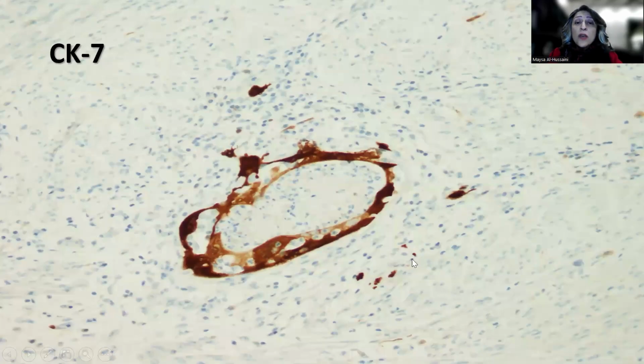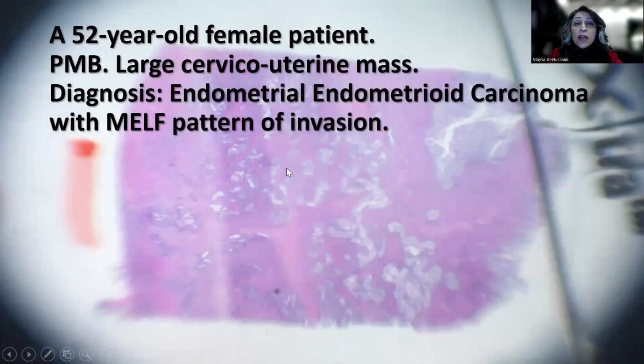And in a third focus, showing the same elongated gland tendency, the microcyst formation, and then individual tumor cells separating, detached from the main focus of invasion. This is the typical appearance of the MELF pattern of invasion, and cytokeratin 7 is usually extremely helpful in identifying this pattern of invasion. So the final diagnosis in this case is endometrioid carcinoma with MELF pattern of invasion.